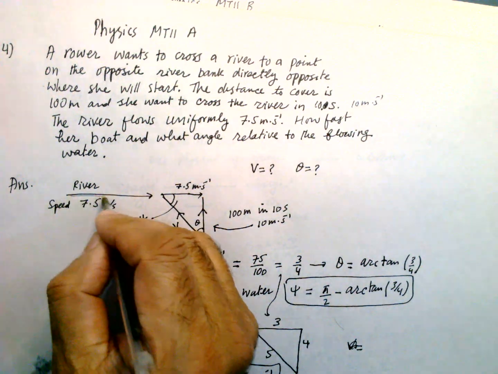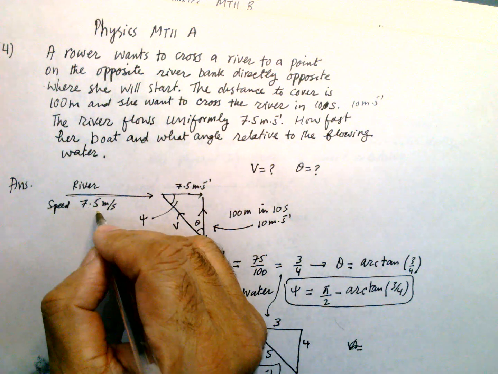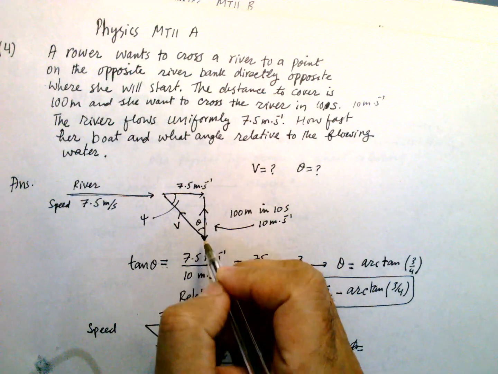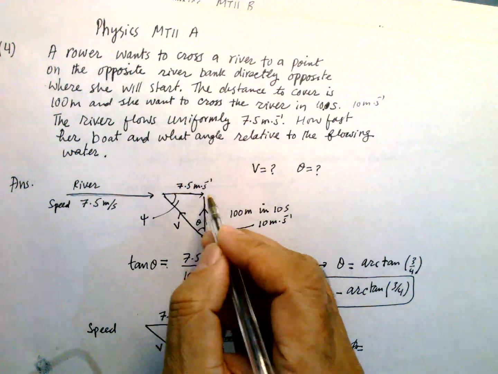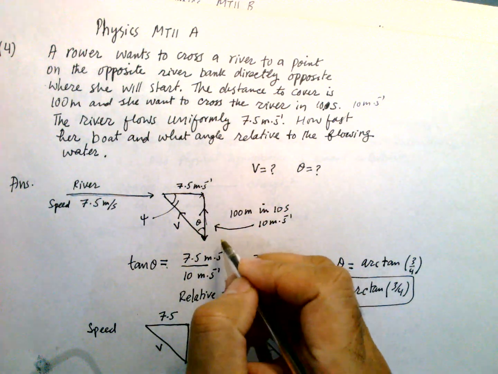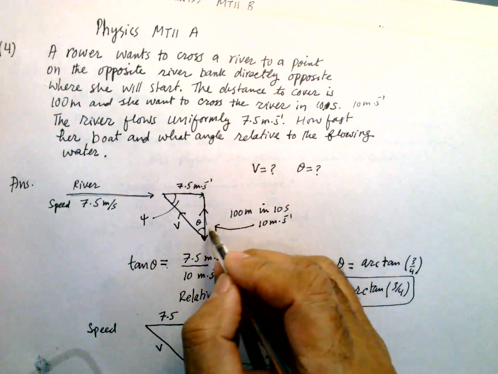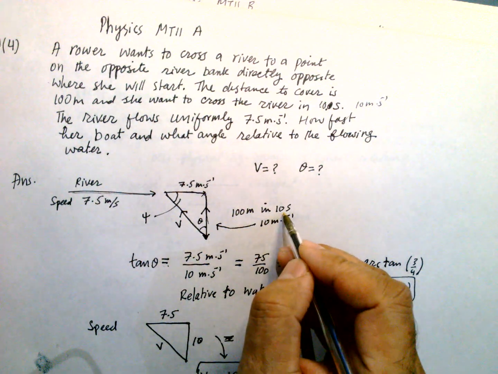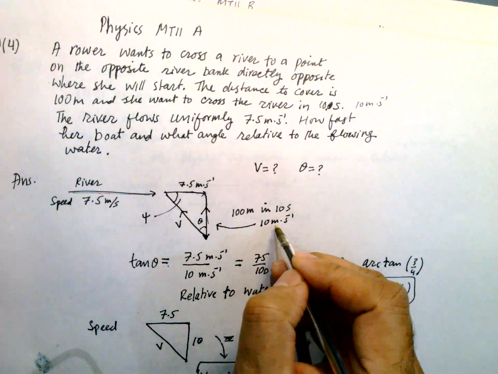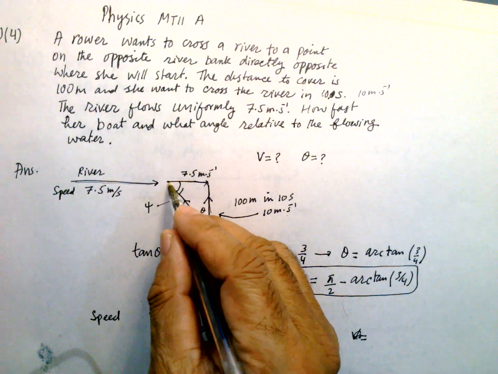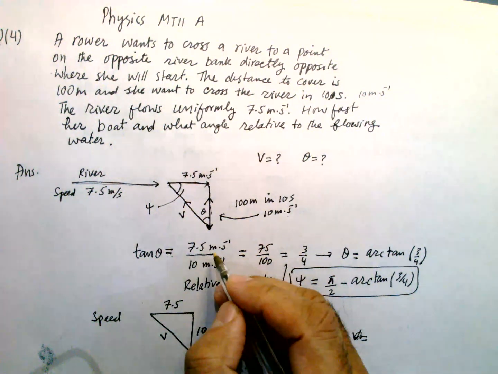So this is a river which has a speed of 7.5 meter per second, and this is the speed of the boat. This is the length, which is 100 meter, and she wants to cover 100 meter in 10 seconds. This is 10 meter per second, and that is the actual speed.